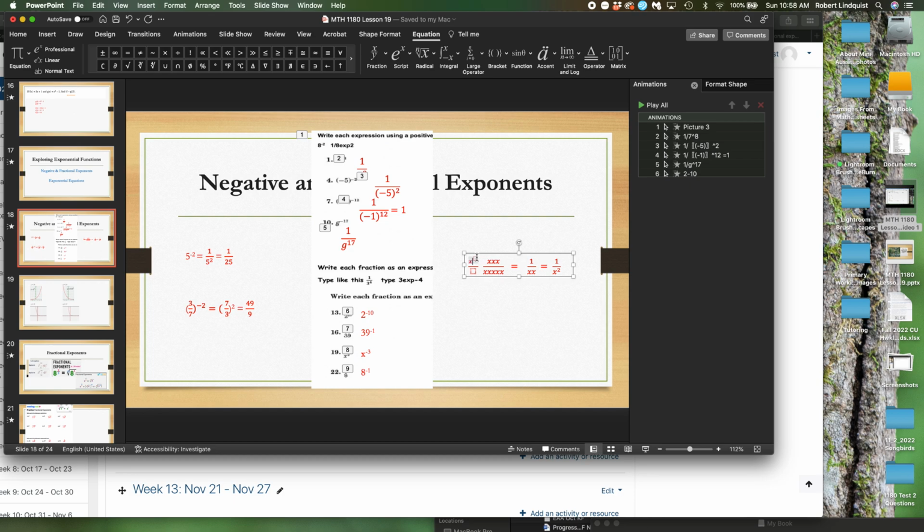So now you see what goes into this, which is why I usually copy them over.